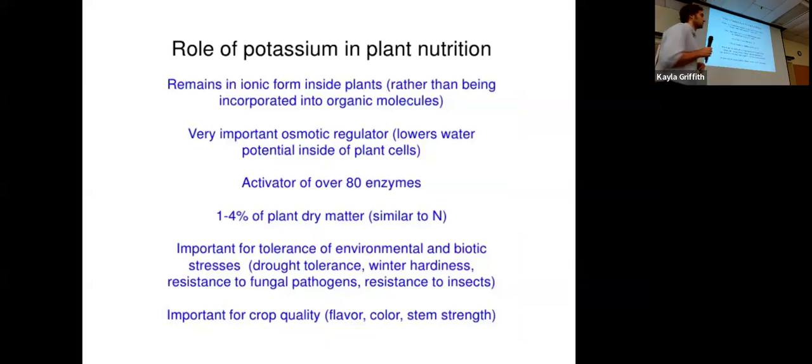And this is for a number of reasons. I don't feel like being that guy who reads every single point, but potassium is very important for a lot of plant physiological activities, right? It's an important component or activator of 80 different enzymes. By mass, it's 1 to 4% of the dry matter. That's pretty big from a biological standpoint.